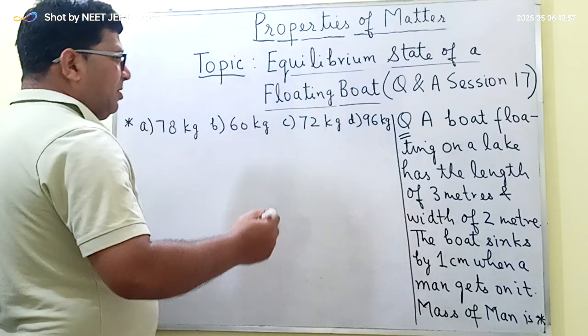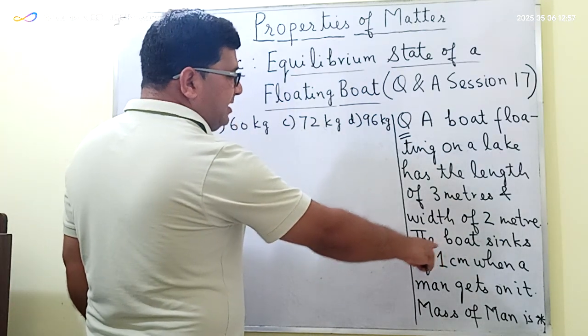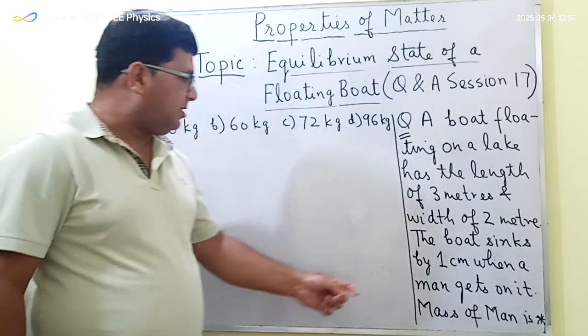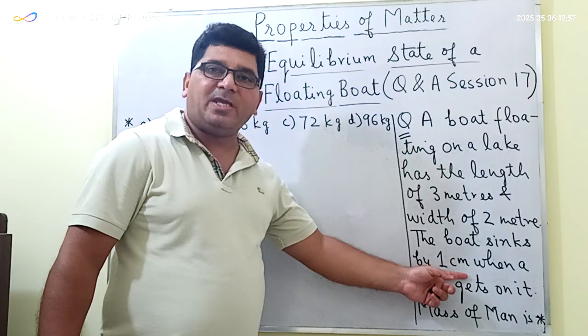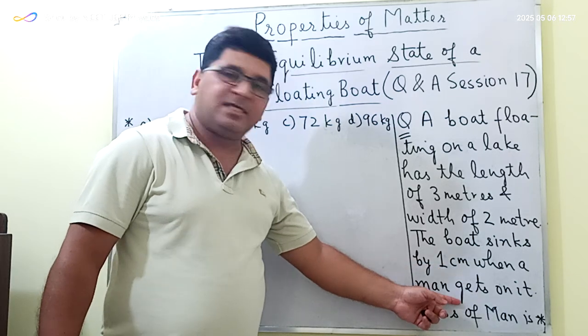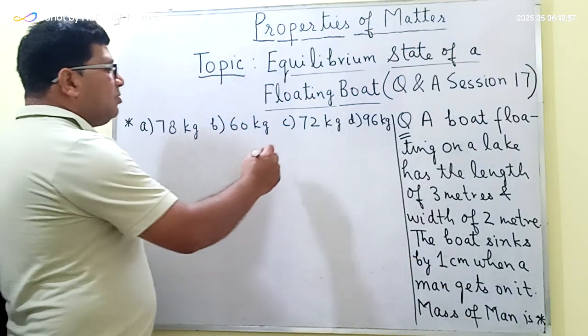So here the boat will be in a state of equilibrium when it has sunk by 1 centimeter when a man gets on it, only when the downward force is equal to the upward force.